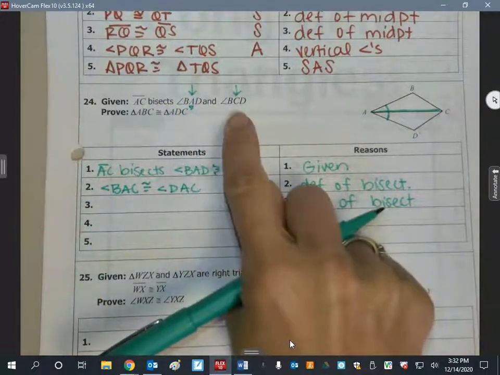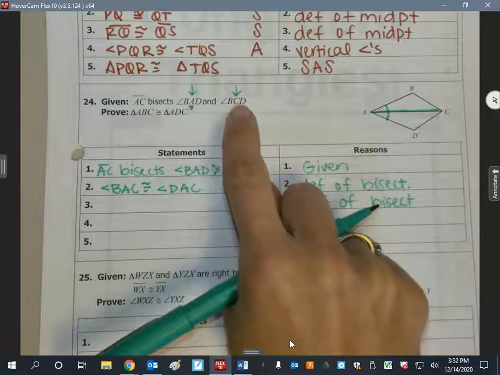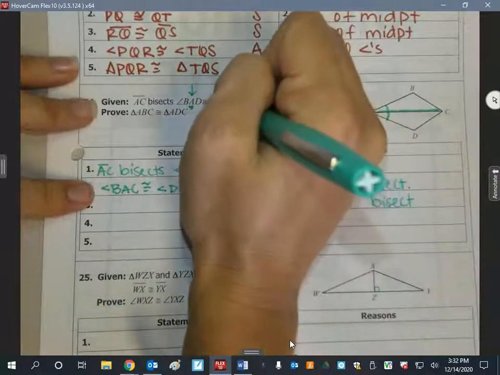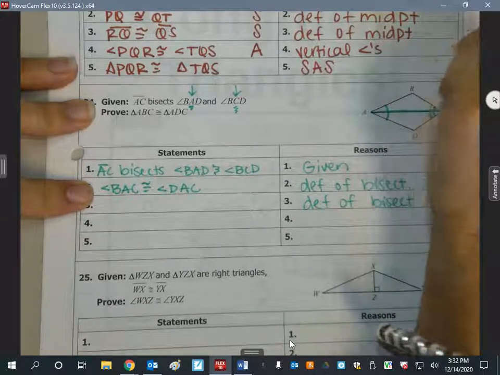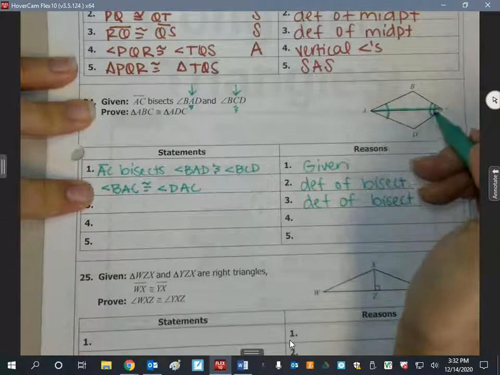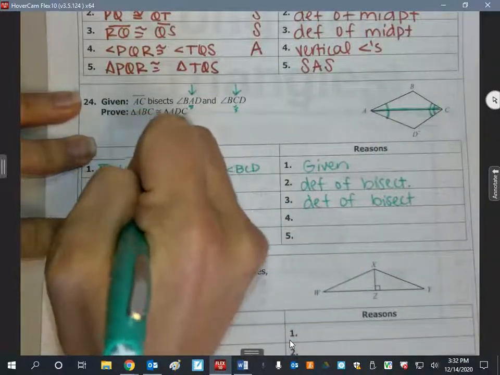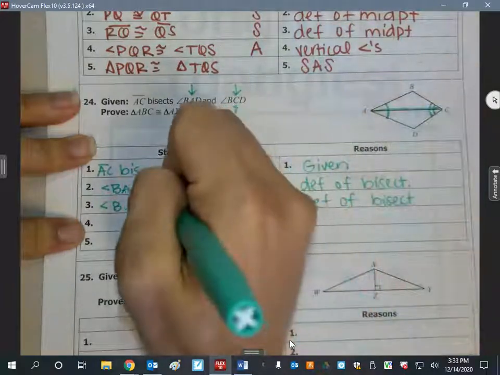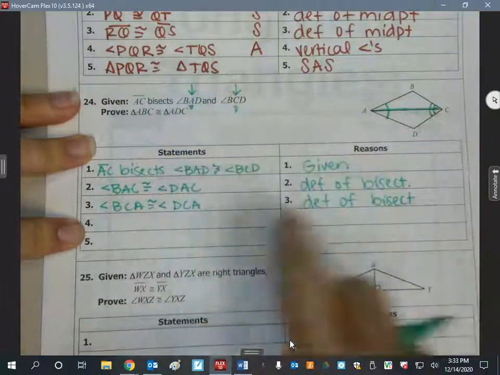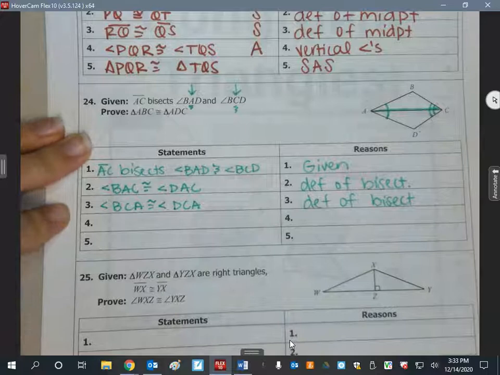All right, now let's deal with angle BCD. And remember the angle is at the middle letter. So that's angle C over here. And now we just need to name these two little parts, BCA. Angle BCA is congruent to angle DCA. By definition of bisect. That takes care of all of our given information.